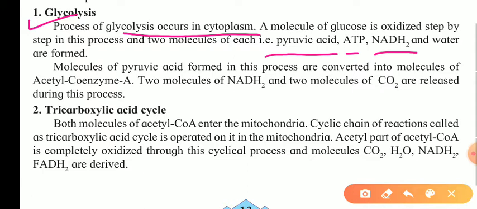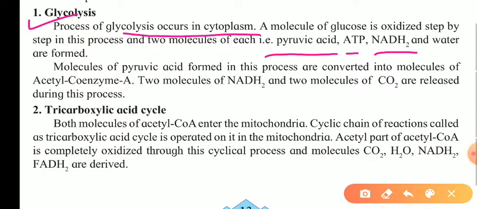Now this NADH2 is actually nicotinamide adenine dinucleotide. Again, I am repeating, if you want you can note it down: nicotinamide adenine dinucleotide, and along with that the water molecule is formed.